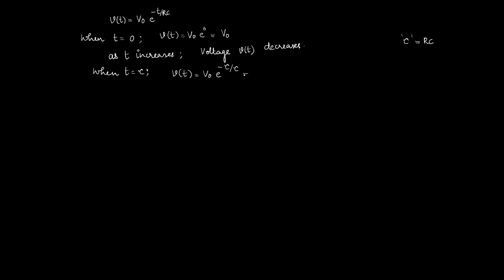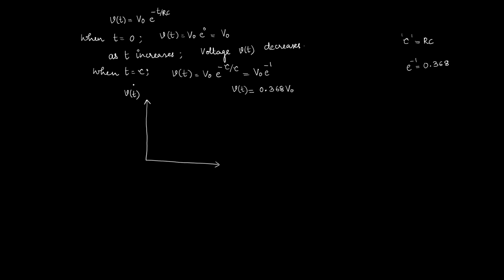So this will be equal to V naught e power minus 1. E power minus 1 corresponds to 0.368. So I can say V of t is equal to 0.368 times V naught.